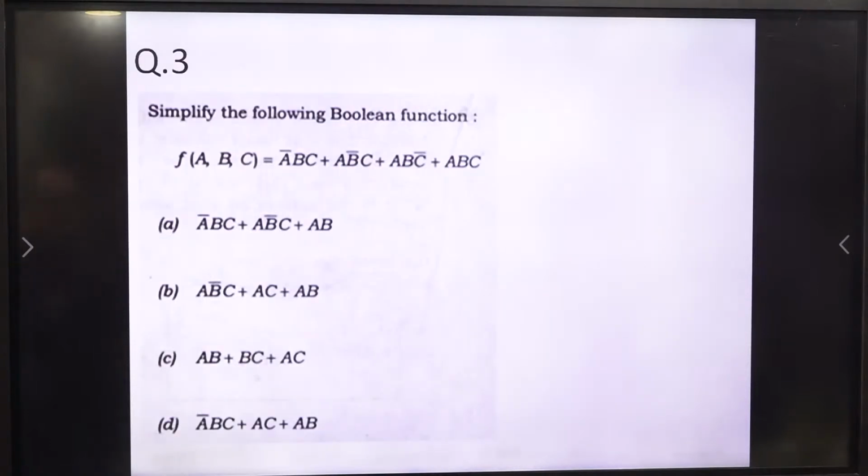Simplify the following Boolean function. What will be the simplified output of this Boolean function? So all of you compute the answer.